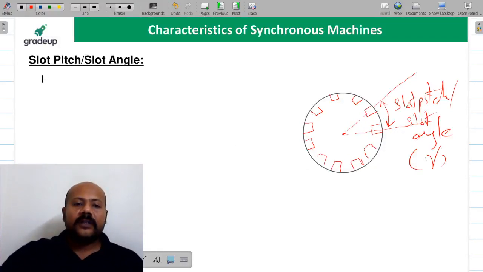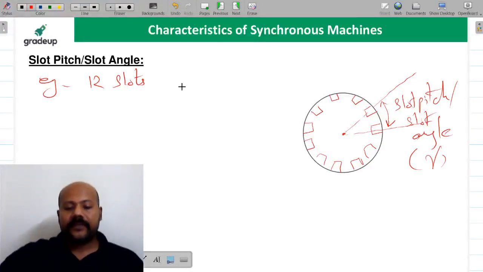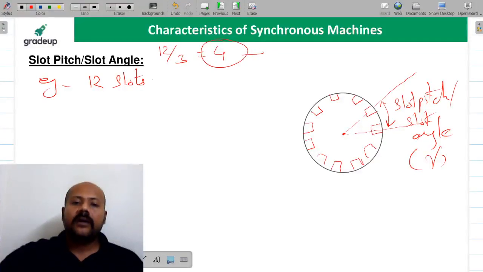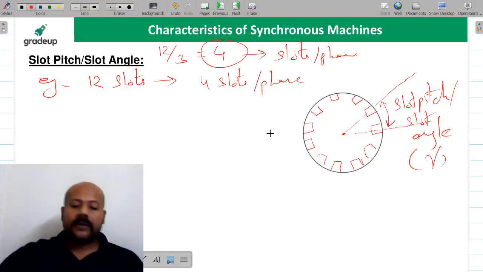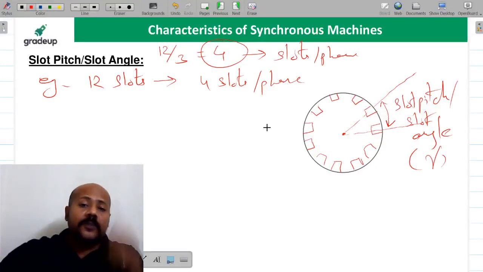Now suppose, for example, you are having 12 slots. What is the meaning of 12 slots? How many slots per phase are you having? If it is a 3-phase system, you are having 4 slots per phase. So how much spread are you going to have?